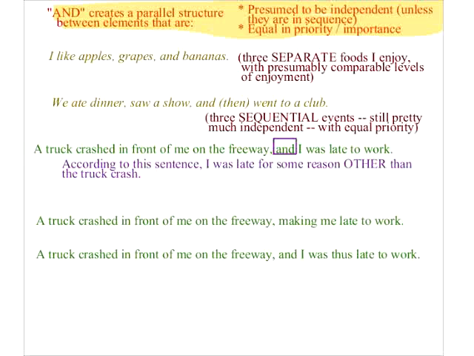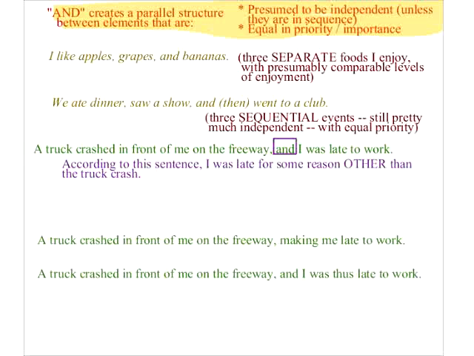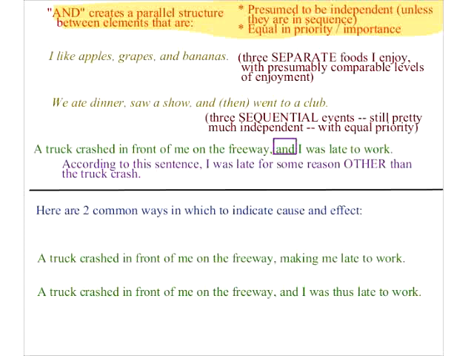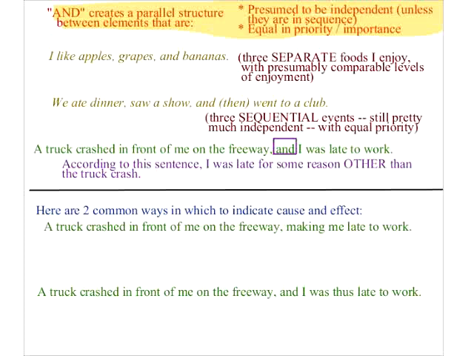If you want to actually imply that there is cause and effect, there's a couple of ways that you can do this. These are not the only two, but these are two of the more common ways that you will see. So here are two common ways in which to indicate cause and effect. The first is to use a modifier.